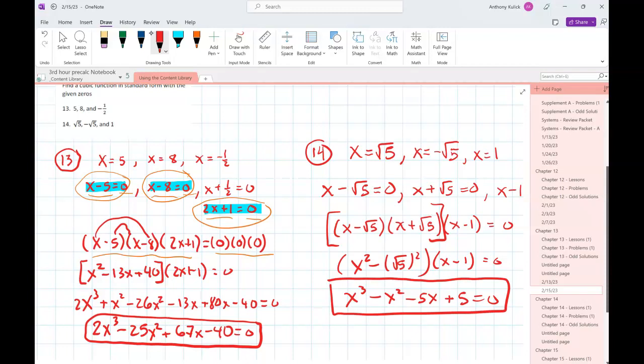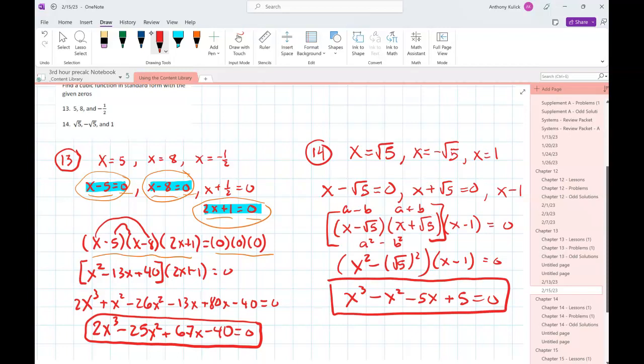Well, that's a difference of 2 squares, right? This is a minus b times a plus b, so that's going to just be a squared minus b squared. I didn't even really FOIL it there. I just used that shortcut. And what's the square root of 5 squared? Just 5, right?